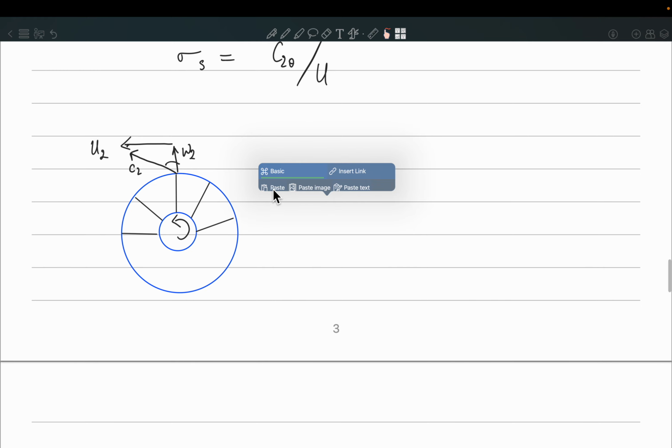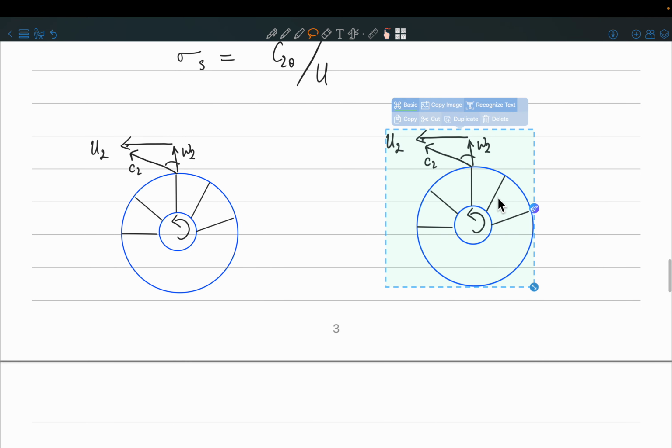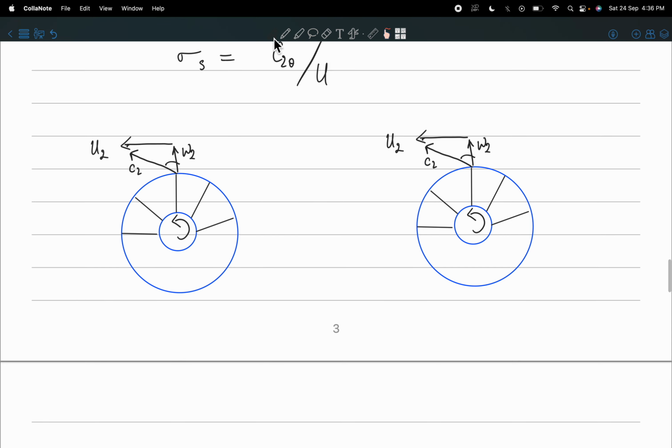But what happens is that you expect the flow to come out radially, because it is going to come out along the impeller blade. But if it does not come out along the impeller blade, there is some slip, due to lack of enough friction or some inertia in the air. It was supposed to be in this direction, but it turns out that it moves slightly in the other direction.